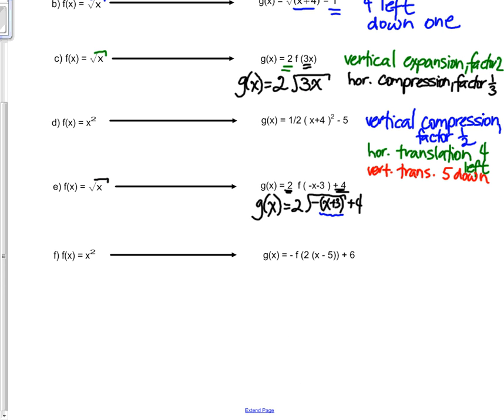Let's do it in order from left to right. 2 is a vertical stretch. It's an expansion because it's larger than 1. Vertical expansion factor 2. In order, the next thing that I see within the function is a negative sign. So because it's inside, it's a horizontal.